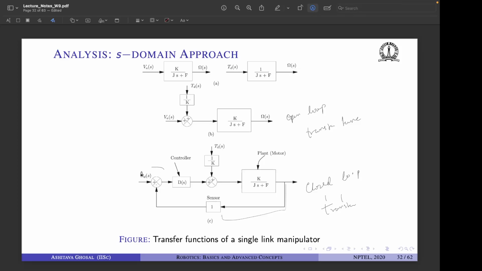So here what we are doing is basically computing the error, right? Then that error is fed into the controller. The controller then provides the Va that we should apply, the applied voltage that should be commanded to the motor.